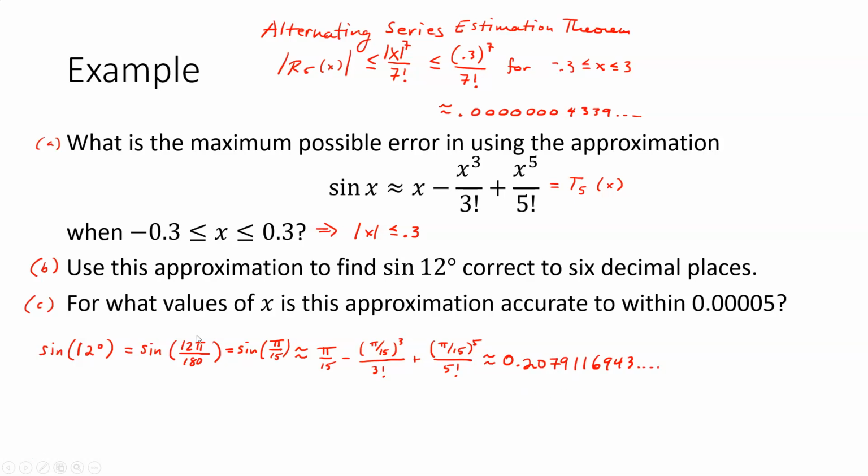And then for the third part, it asks for what values of x is this approximation accurate within 0.00005. In other words, we want to know for which values of x Rn of x will be less than 0.00005.